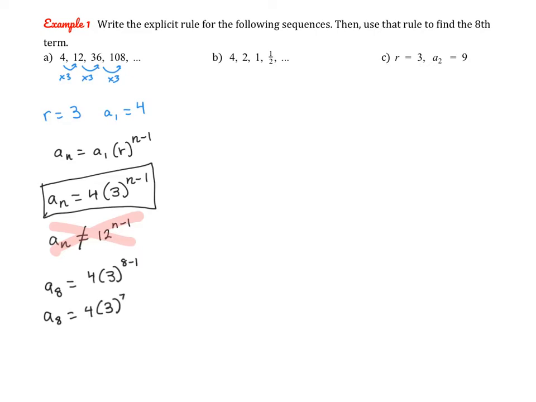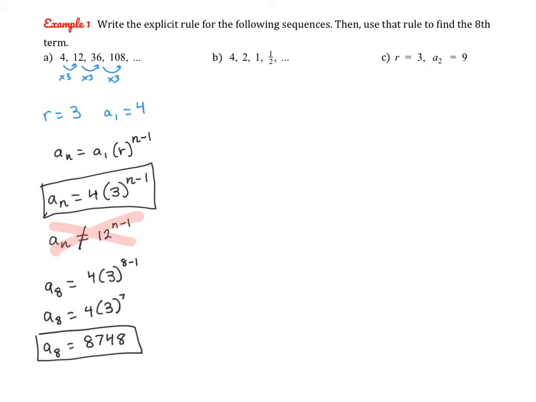We do need to do 3 to the power of 7 first, and then we take that value and multiply it by 4. So the answer you should get for the 8th term is 8,748. Again, we do 3 to the power of 7, and then we multiply that number by 4.